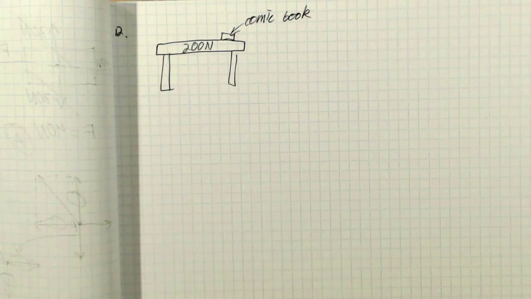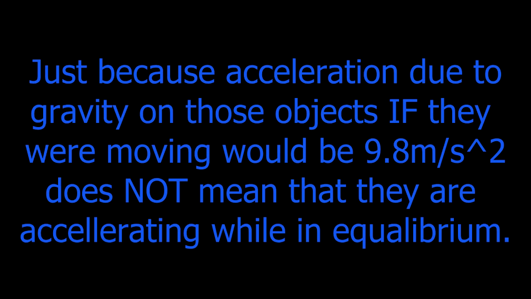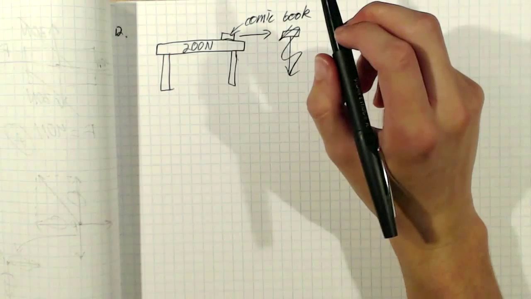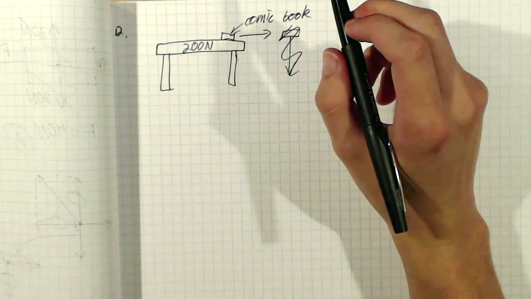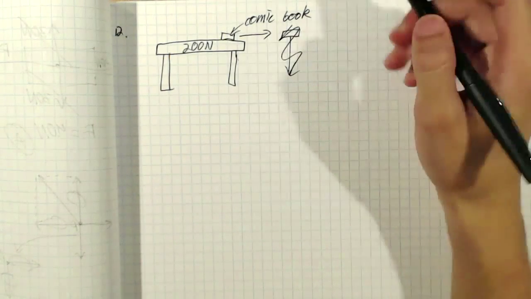B, the acceleration due to gravity is 9.8 meters per second squared for both the book and the table. Well, that's true, but that doesn't mean they're in equilibrium. And C says the weight of the book and the table's upward force on the book are equal in magnitude but opposite in direction.